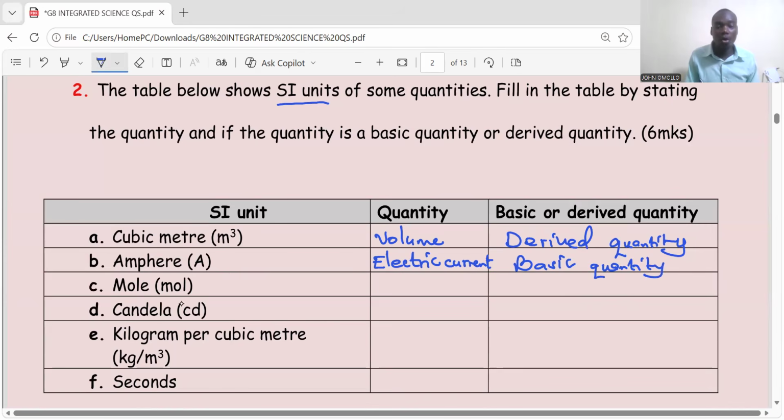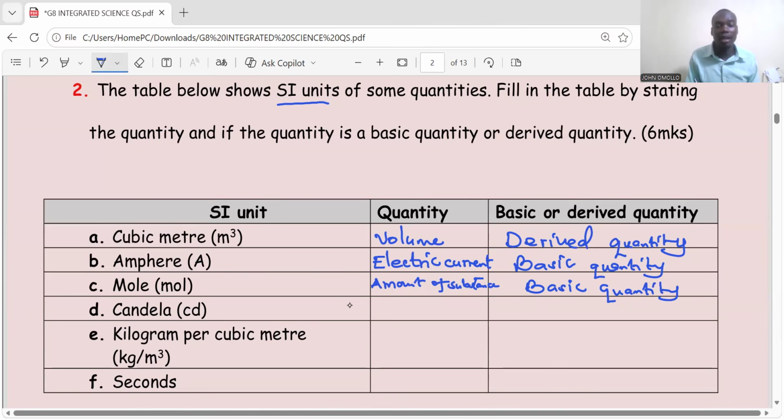Number 3, mole. Now, mole is the amount of substance. In that case, mole is the amount of substance. Amount of what? Of substance. Now, mole is a basic quantity. A basic quantity.